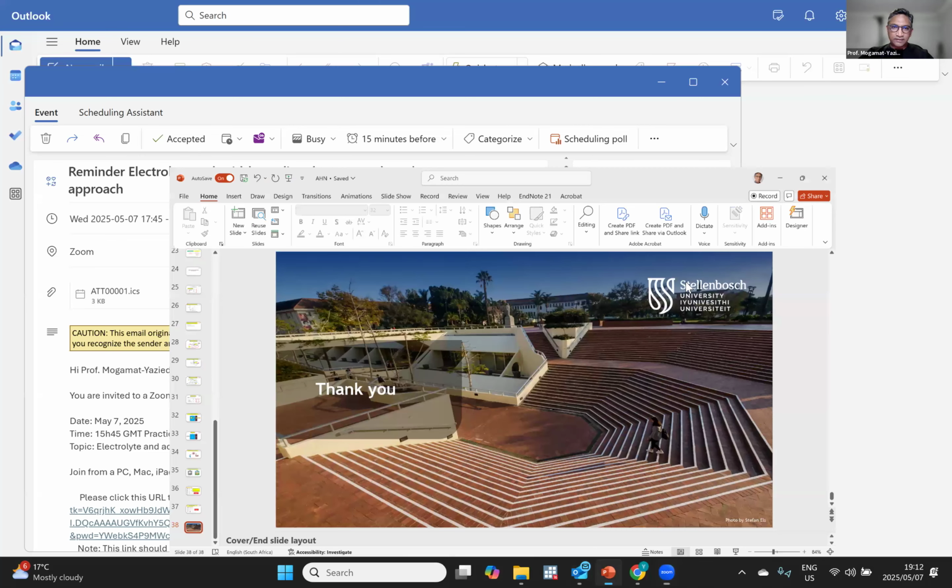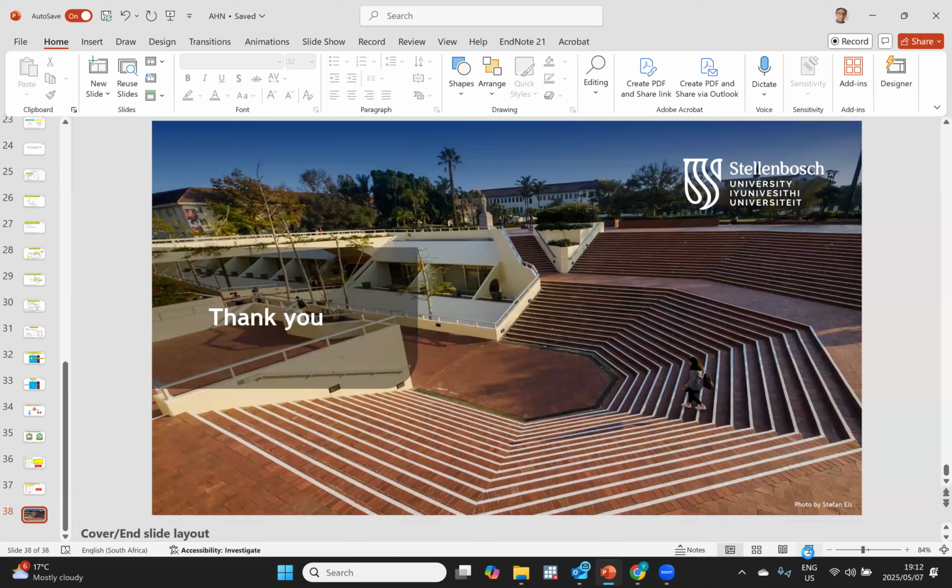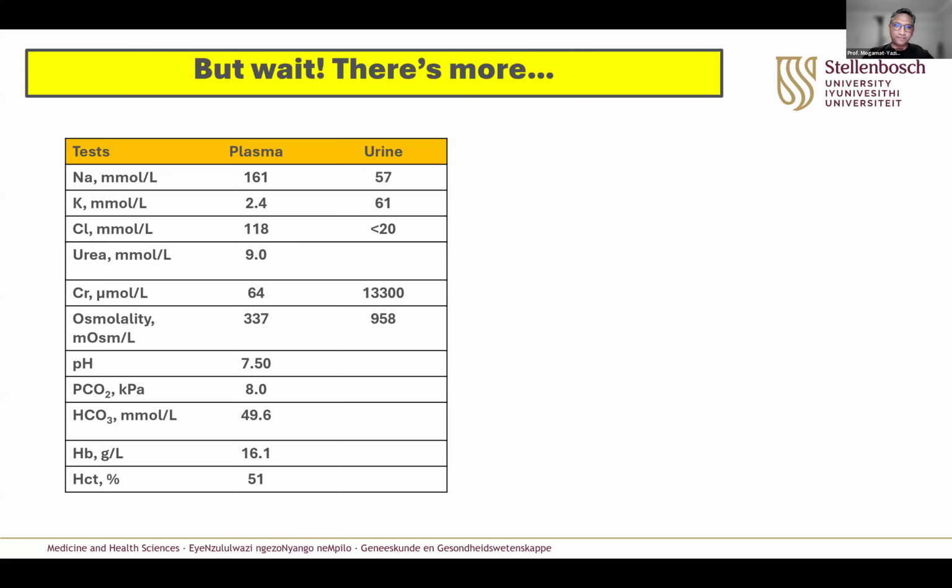I'll open it here. It doesn't seem to want to work now, Mazhar. Okay. There. Can you see it now? Yeah, I can see it now. Excellent. Okay, I'm just going to go to the start again.